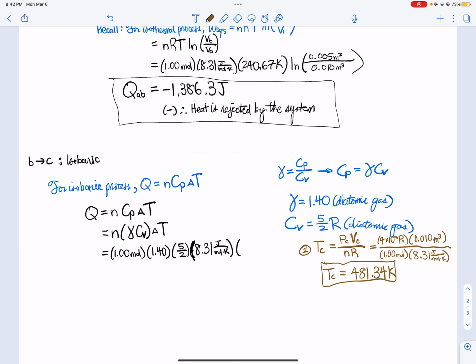All right, so now we can go back to our problem after completing side mission number 2. Delta T is the temperature at C, which is 481.34 Kelvin, minus, I'm going to move this a little bit to the left because I have no more space.